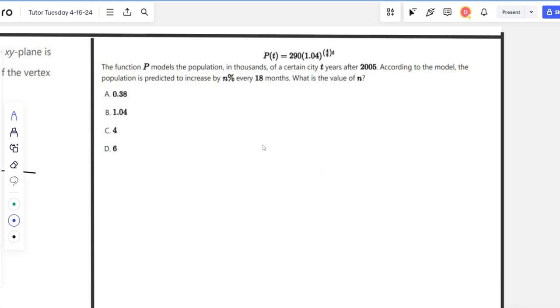So, 18 months, I would maybe consider this as 18 months over, and there's 12 months per year. This is 1.5 years. That'll help us because the equation here is written in t years.